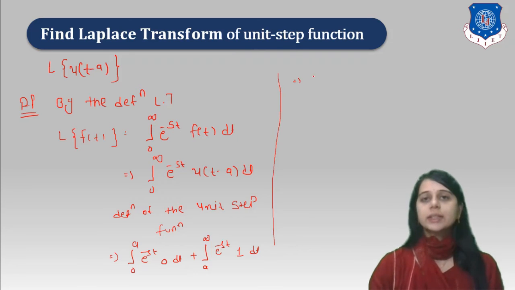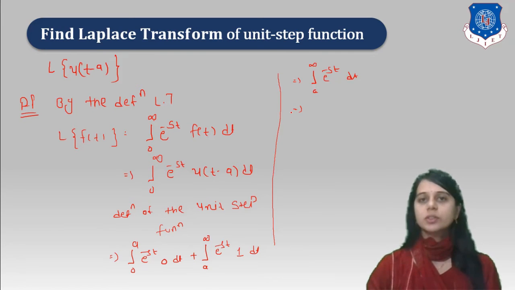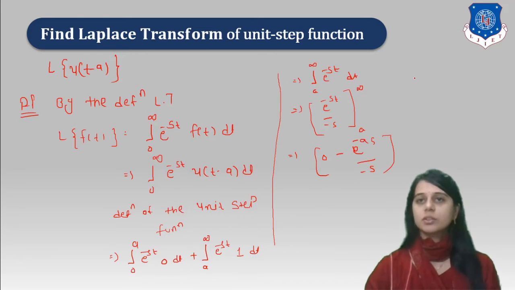Now, next, a to infinity e raised to minus st dt. So, the integration of e raised to minus st is e raised to minus st upon minus s, from a to infinity. So, it is 0 minus e raised to minus as upon minus s. So, the answer is e raised to minus as upon s, which is the Laplace transform of the unit step function.